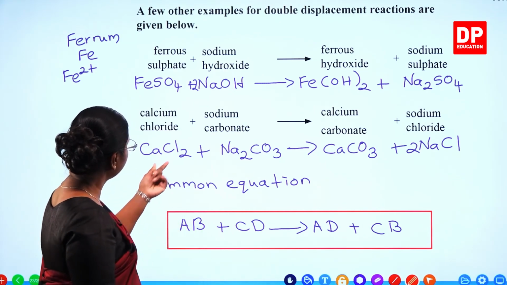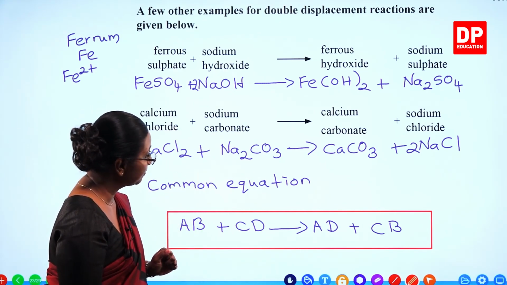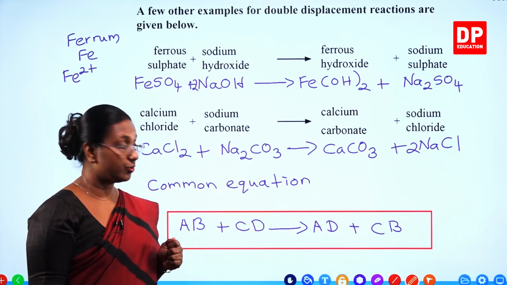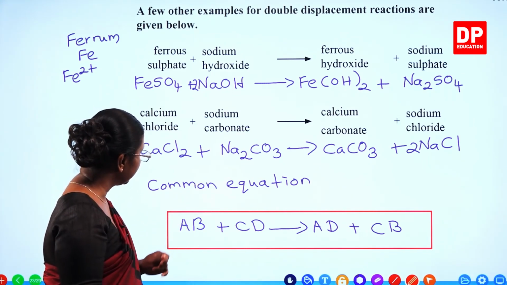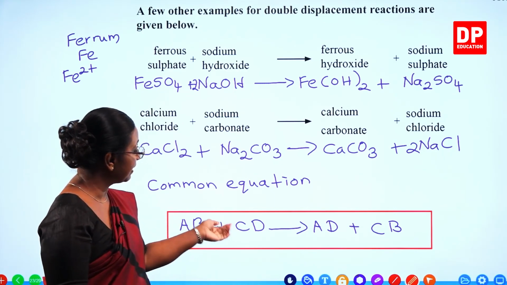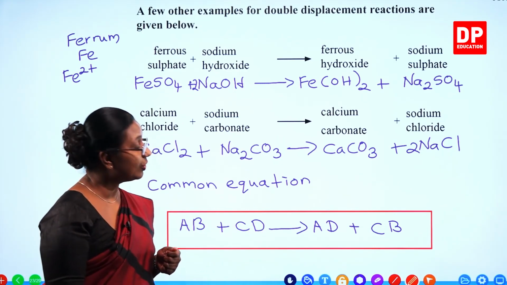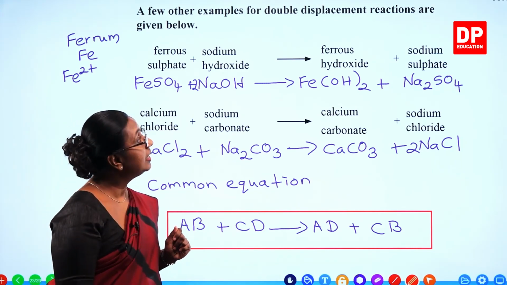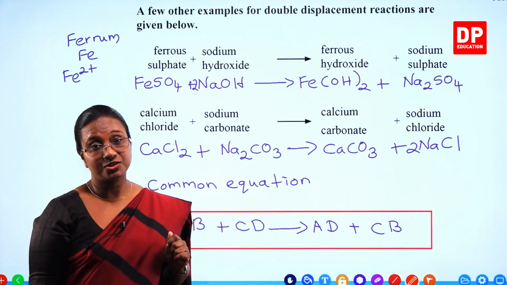The same way, calcium chloride reacts with sodium carbonate, giving rise to calcium carbonate and 2 sodium chloride. And the common equation is given by AB plus CD, giving rise to AD and CB. So that is the double displacement reaction.